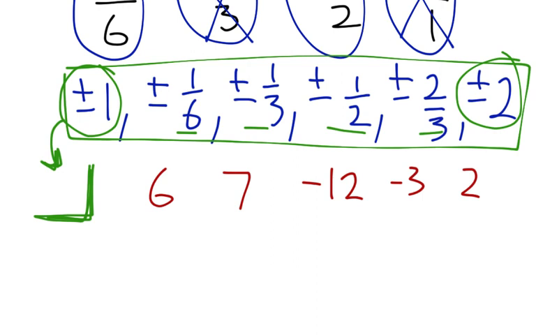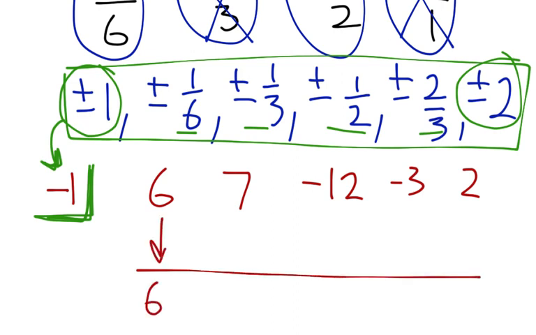So here we're going to try -1. So if I use -1, I go ahead and bring down my 6, and I get 6 times -1 would give me -6. And if I add those, that's going to give me 1. Now if I multiply here, that's going to give me -1. Add that, that gives me -13. And if I continue, that's going to give me +13.